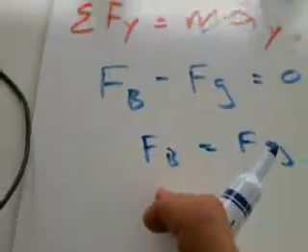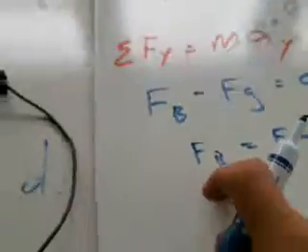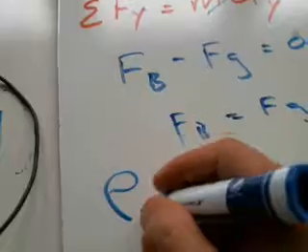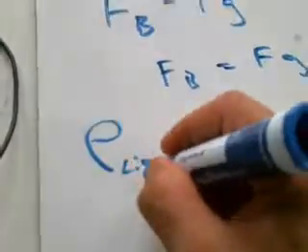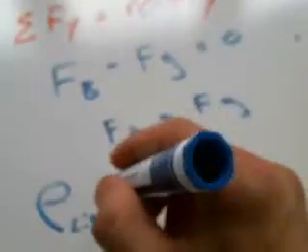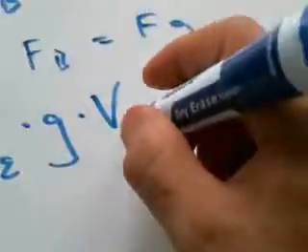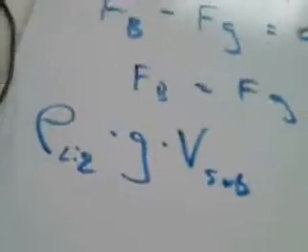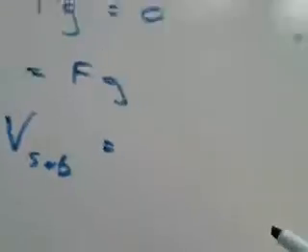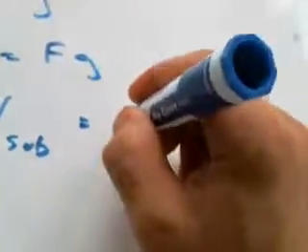Okay? Now, a buoyant force, you hopefully already know, is the density of the liquid that you're submerged in times the gravity of whatever planet you're on times the volume that happens to be submerged, the V sub, the rho g V. This then is equal to the force of gravity on this person. The force of gravity on anything is an m times g.